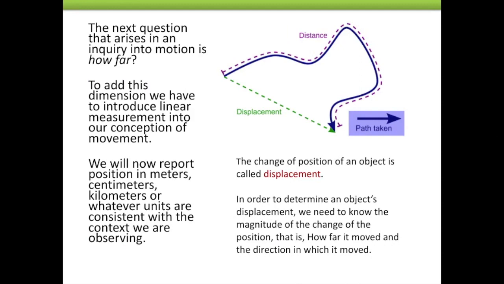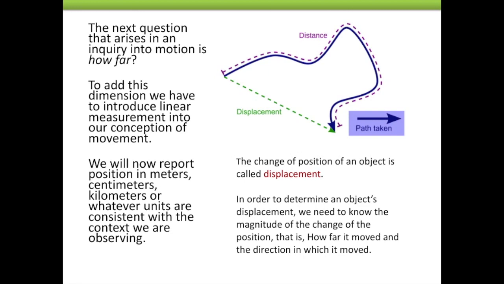So the next question that arises in an inquiry about motion is how far? Well, we talked about distance, but to add to this dimension, we have to introduce linear measurement into our conception of movement. And linear meaning line, okay? We will now report position in meters, centimeters, kilometers, or whatever units are consistent with the context that we're observing.